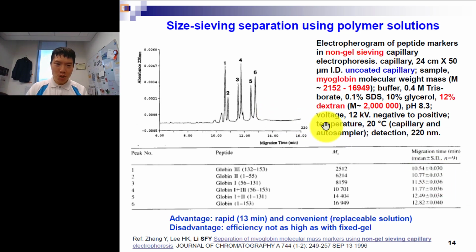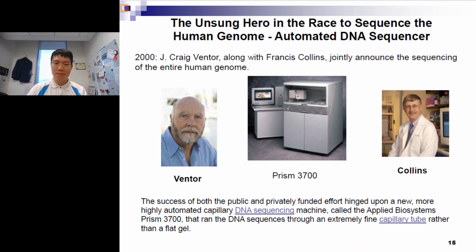And this example shows the separation of proteins of molecular weight from 2,000 to 17,000. Very heavy. And the polymer solution is only about 12% dextran. And this method is convenient and very fast. Done by Professor Karger, probably. But the separation efficiency is not as high as in the case of a fixed gel, since diffusion and convection can be easier in solution.